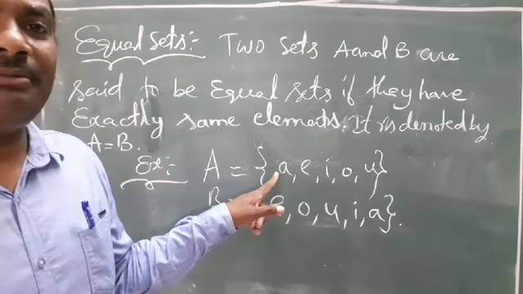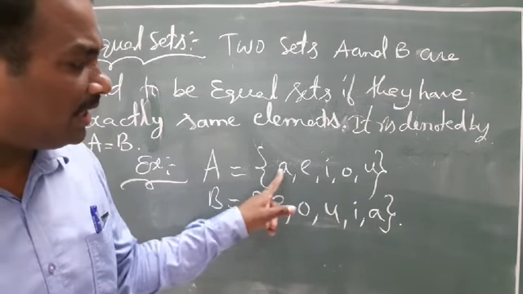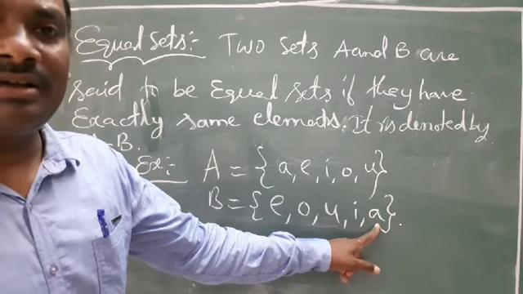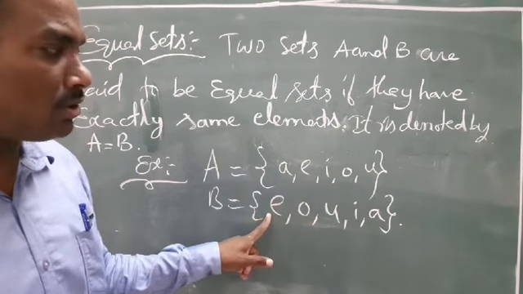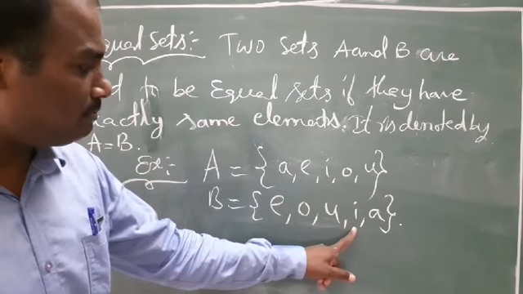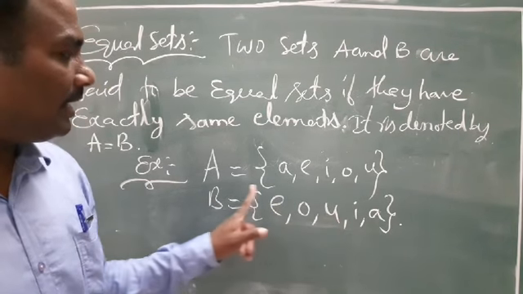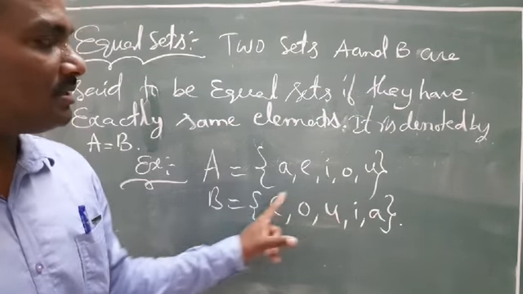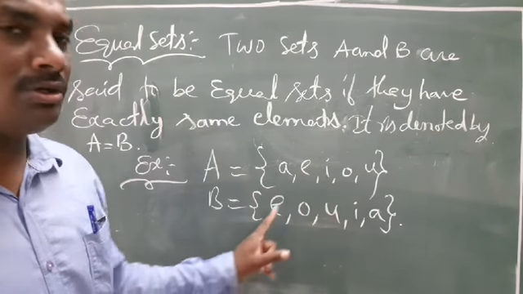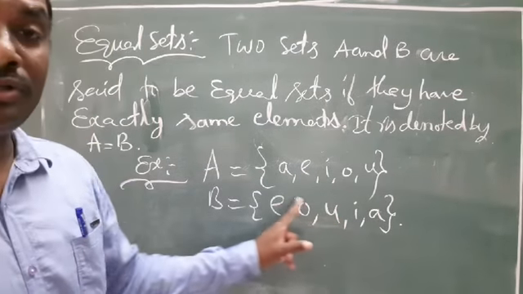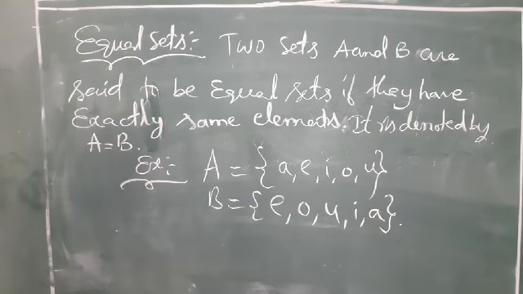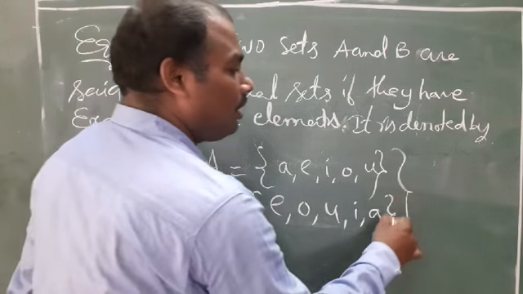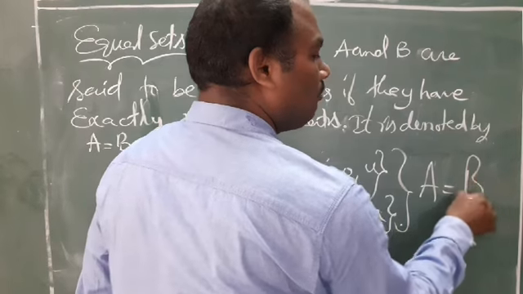A belongs to A, A also belongs to B. E belongs to A, E belongs to B, I belongs to A, I belongs to B, U belongs to B, and U belongs to A. Yes, all elements in A are equal to all elements in B. So A equals B.